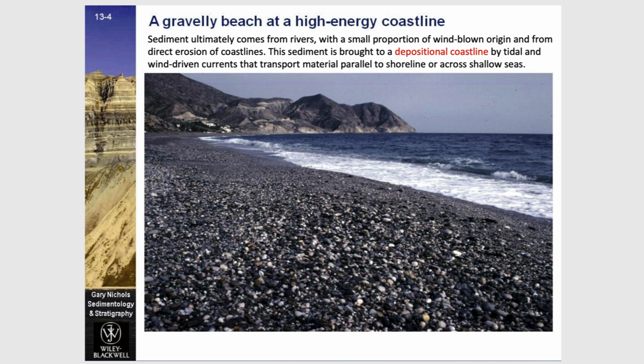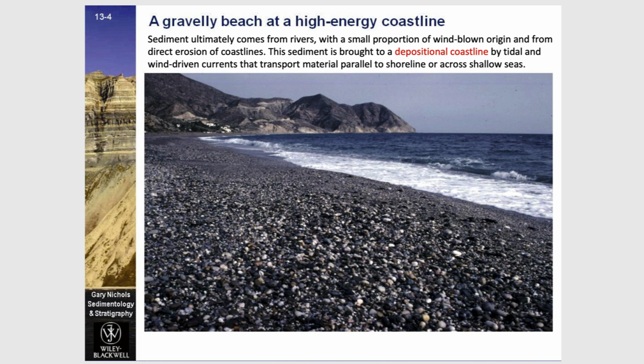So this depositional coastline will transition towards the offshore environment. Transitional offshore environments will be more characterized by finer fractions, very similar to what we saw for the transition from the delta top into the delta front environment, with all those plumes and accumulation of suspended load material, which is much finer grained.